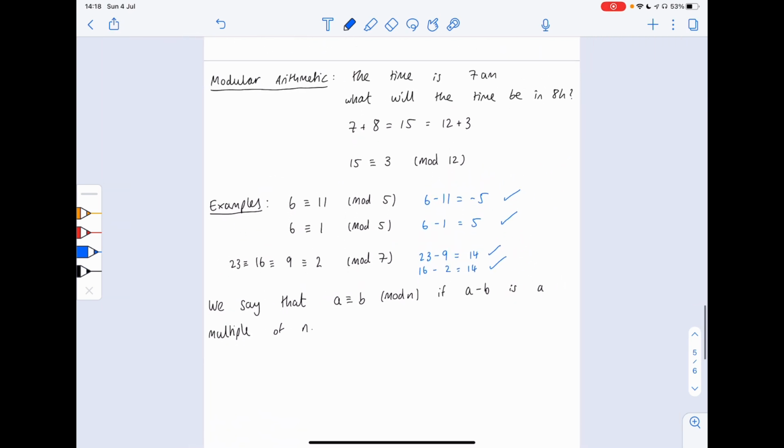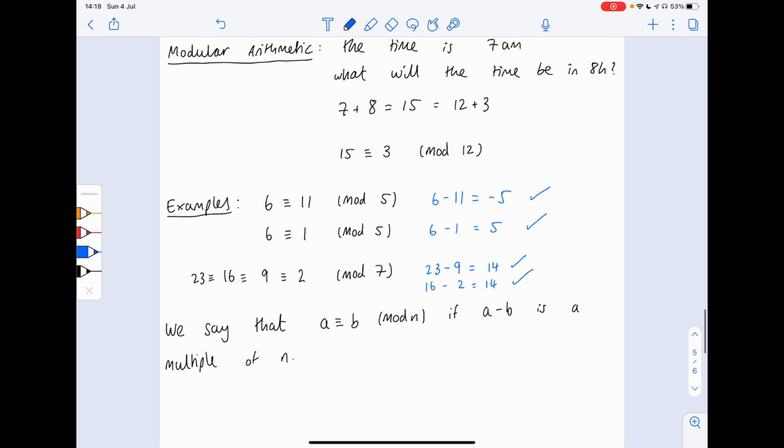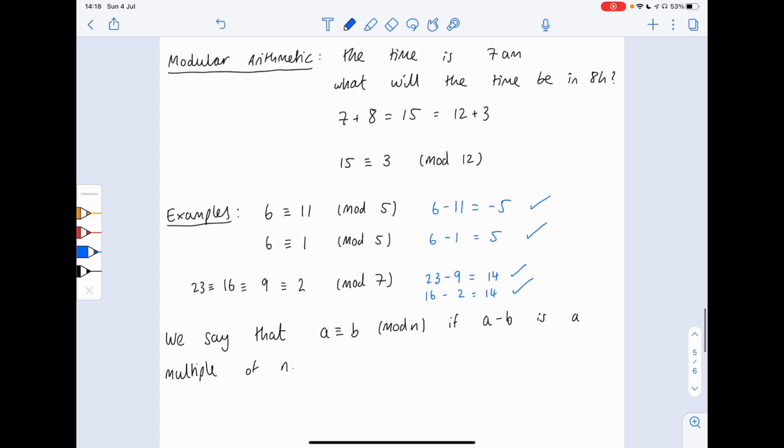So there are two ways of thinking about modular arithmetic. Just to recap, two numbers are the same, say, like here, 6 and 11 are the same mod 5 because they're both one more than a multiple of 5. 6 is one more than 5, 11 is one more than 10.